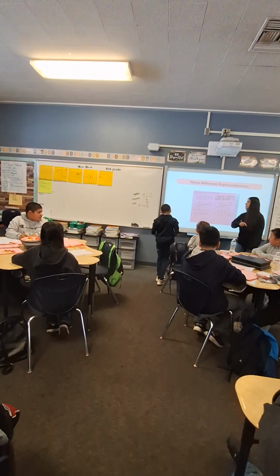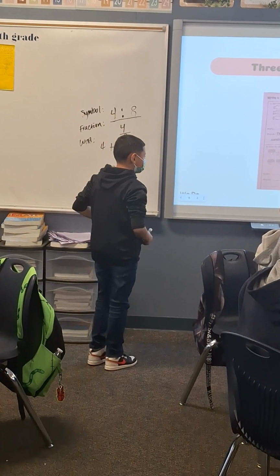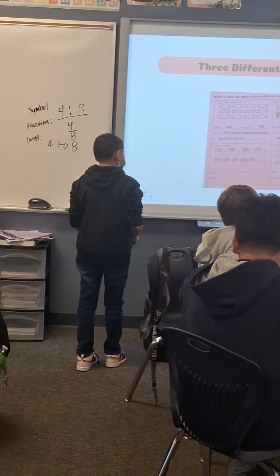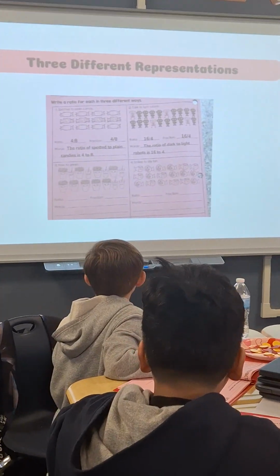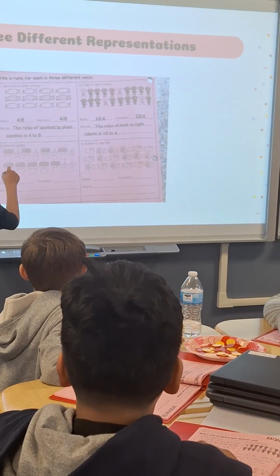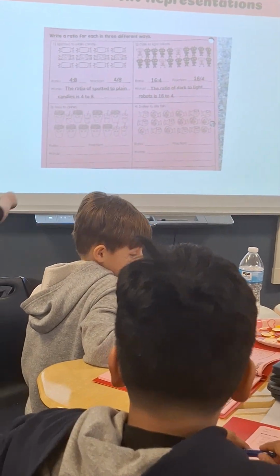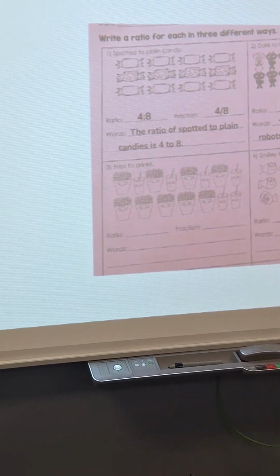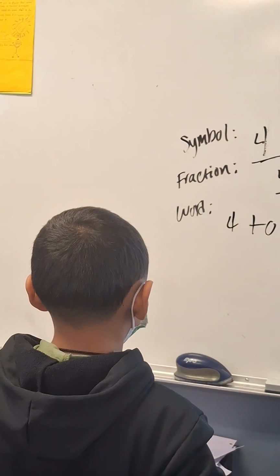Not on the smartboard. Not with that marker. Can you tell us though what it's asking us? Right? Okay. Nine, five, 6 drinks. Okay, so show us the ratio, the ratio symbol form of it.